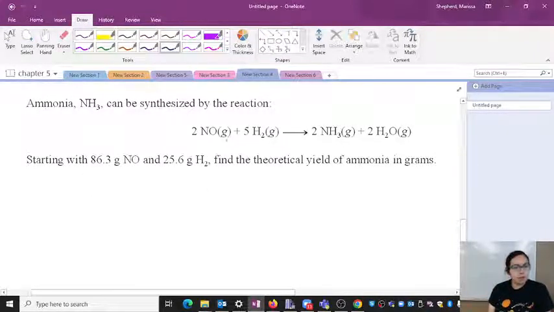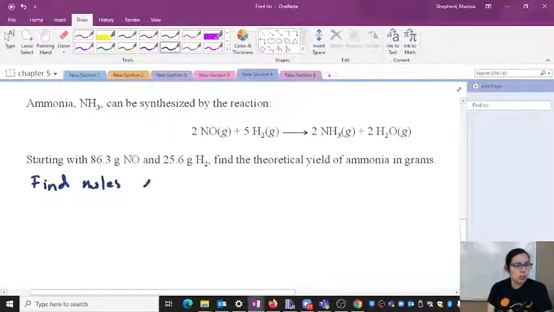So what steps, and I know you might not be done, but what should we start with and how to approach this? Figure out how many moles we have of each. So we need to find moles of everything, and that's a good step. So I'm just going to say find moles. I'll start with our NO. What do we get for our molecular weight of nitrogen monoxide?